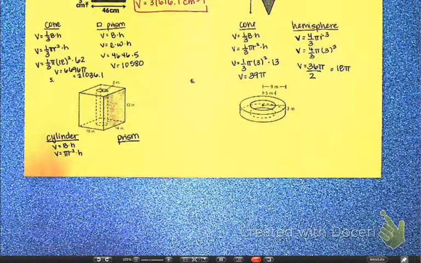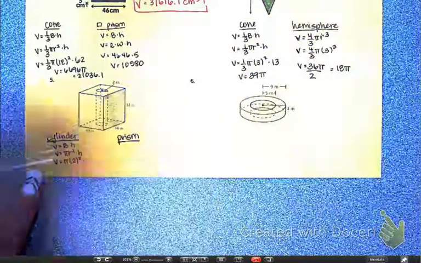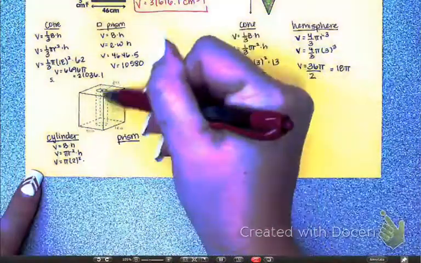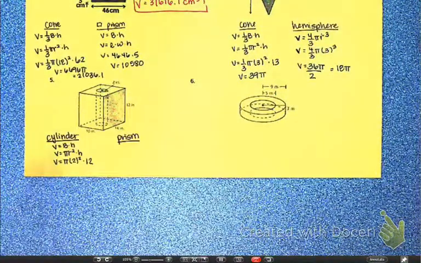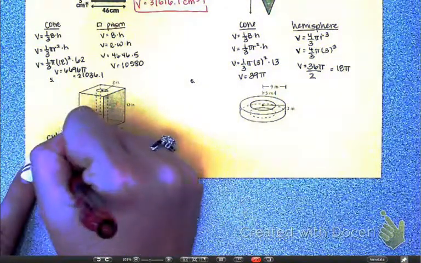What is the radius of that cylinder? 2, okay. And what's the height of the cylinder? 12. It's going to be the same as the prism because it goes from top to bottom. So 2 squared is 4. 4 times 12 gives you 48 pi.